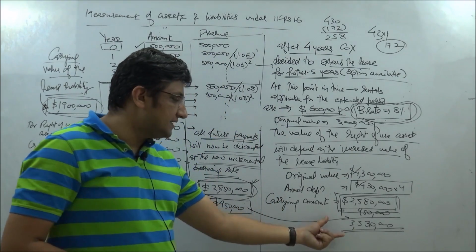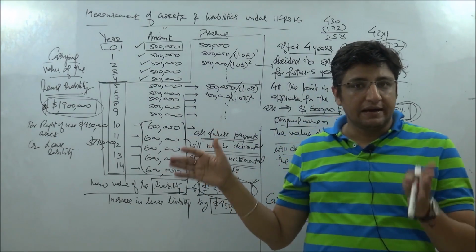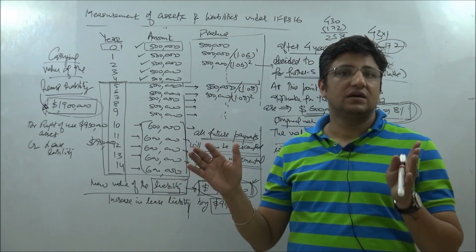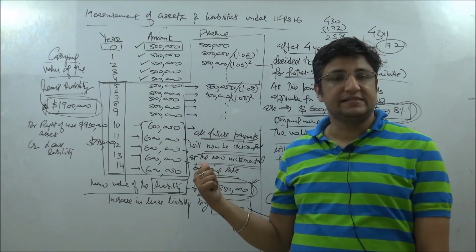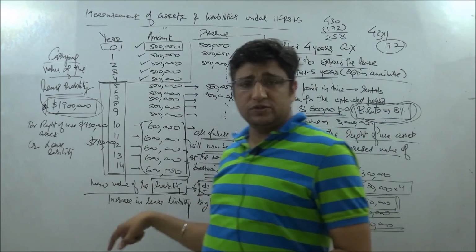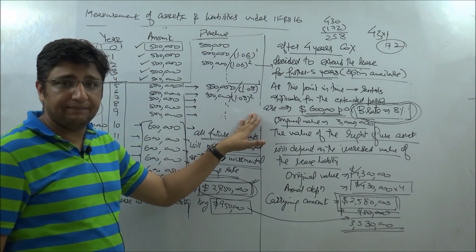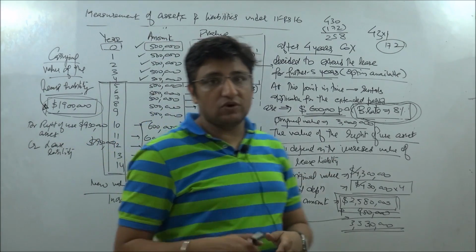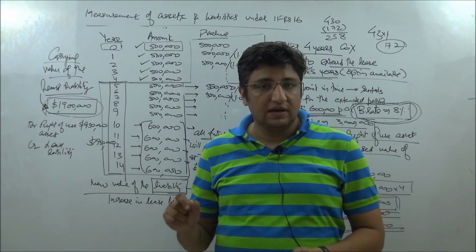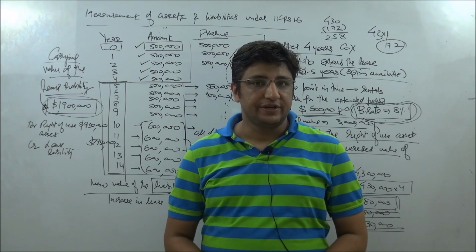This particular asset will now be depreciated over the remaining lease term of, in this case, 10 years, not 11 years, because we're going to use the asset for the entire 15 years and only 4 years have gone by, right? So that is something you want to carry along as a learning outcome in this discussion.